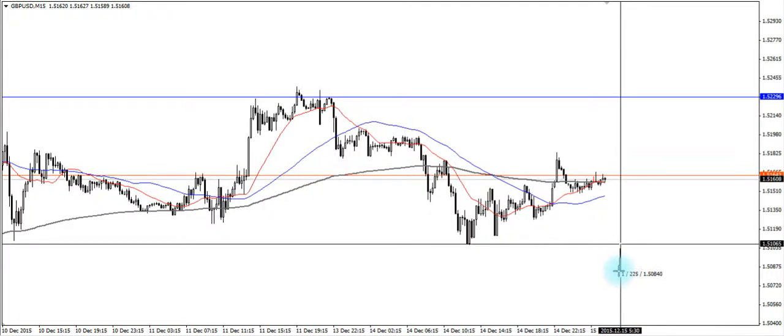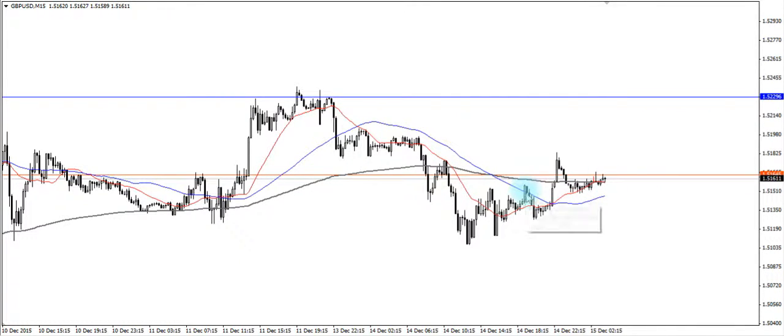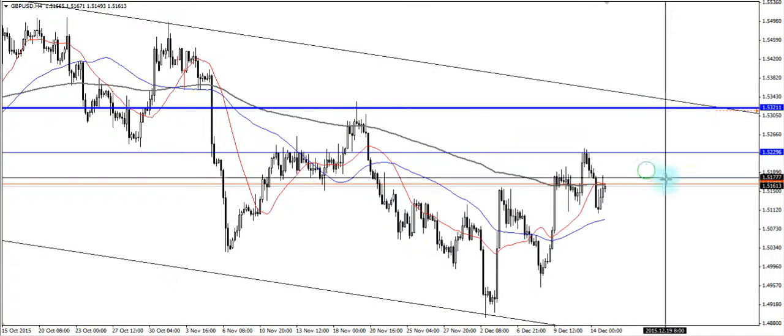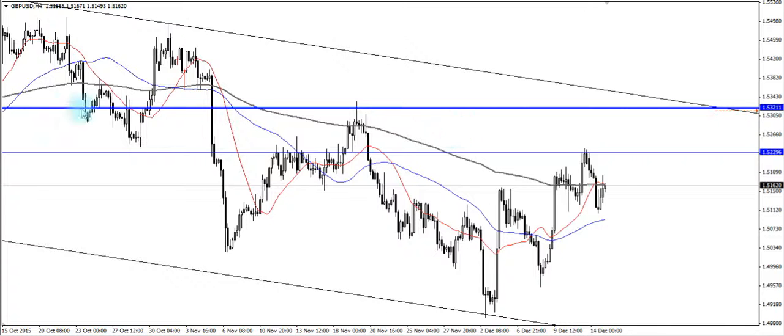So you should be looking at about a total of 80 pips of stop loss. Of course, we're looking for a profit of over 150 pips in this case. So that still makes sense to go for the buy at this point of time. And that's pretty much for the pound against US dollar.